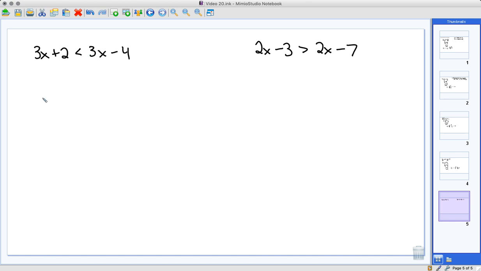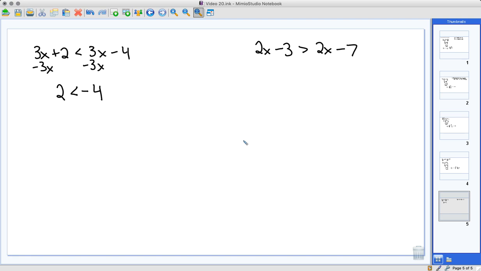So again, got variables on both sides with both of these problems. We want to get variables on one side, constants on the other. So I'm going to subtract 3x from both sides. So 3x minus 3x is 0. So I get 2 is less than negative 4. Okay. So do you remember, hopefully you do, when we solved equations, we had some situations where we had no solution or we had all solutions.